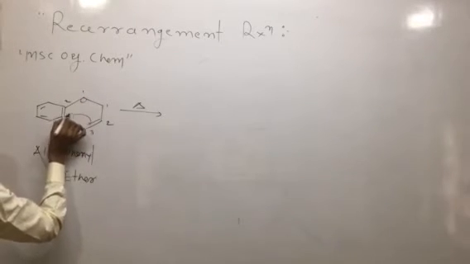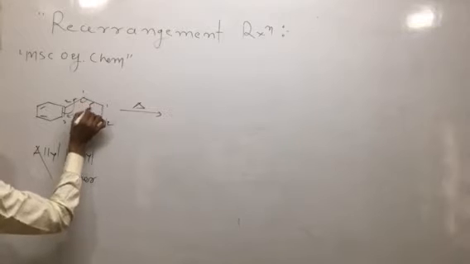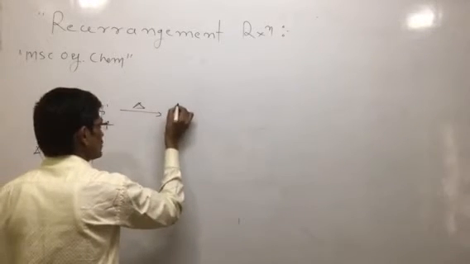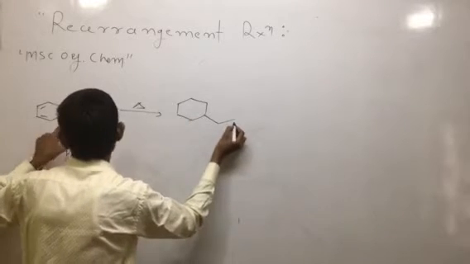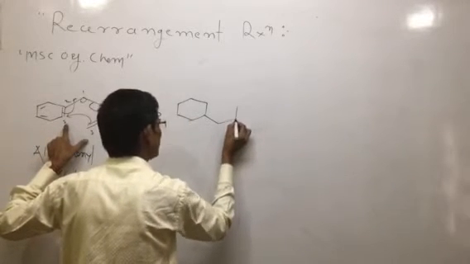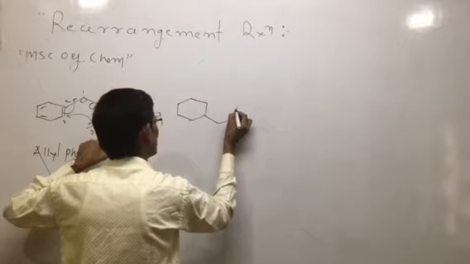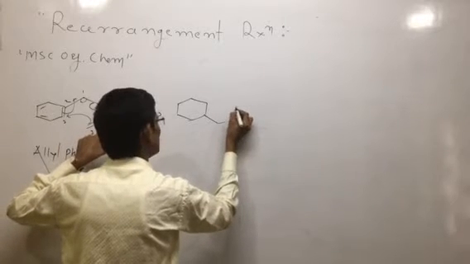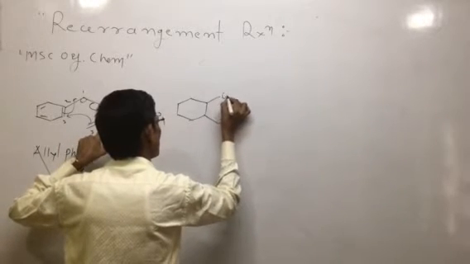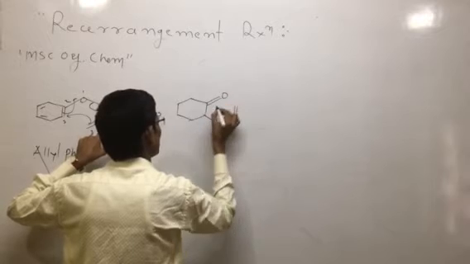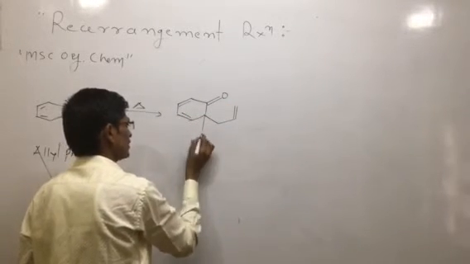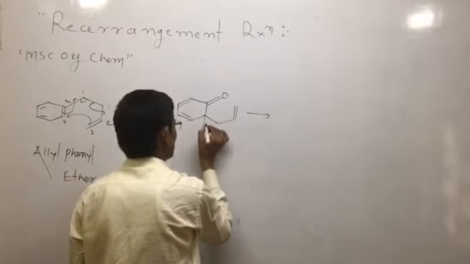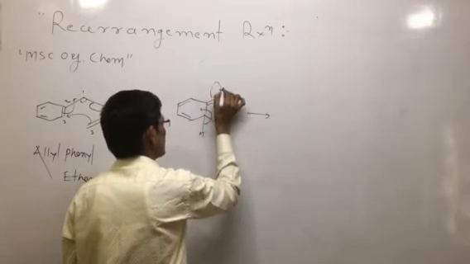So these 3 carbon atoms shift to the 3 carbon, with formation of a new C-C bond between the aromatic carbon and the allyl carbon. Here a double bond, and a double bond is formed with the oxygen atom. Then the next step is tautomerism.